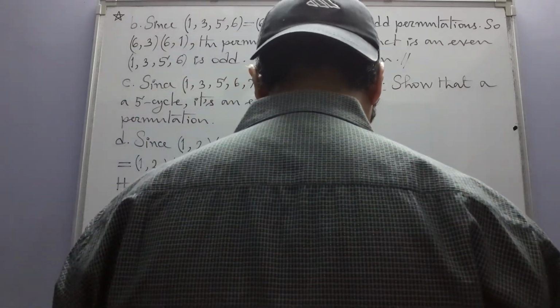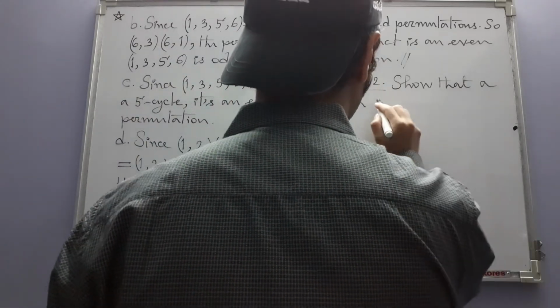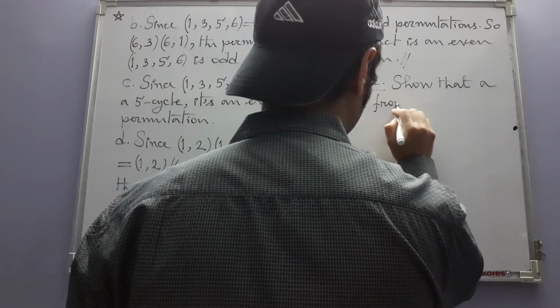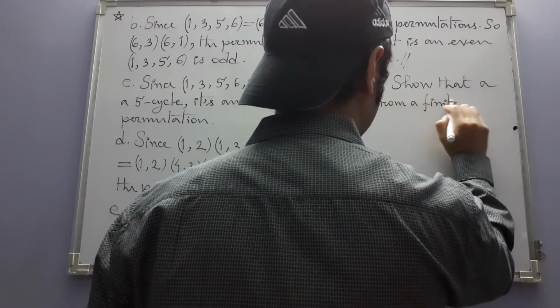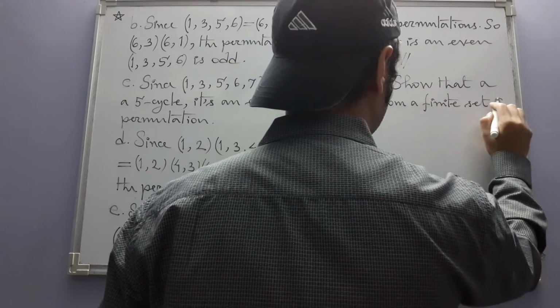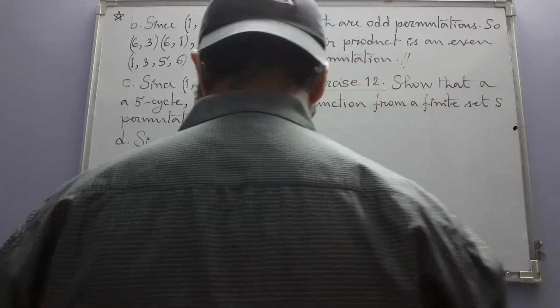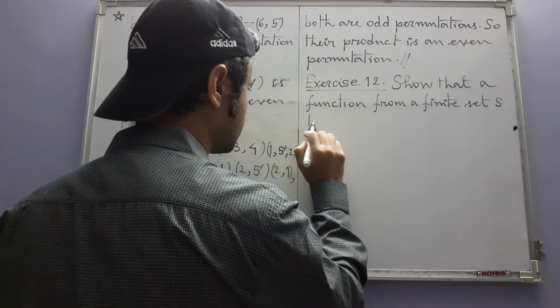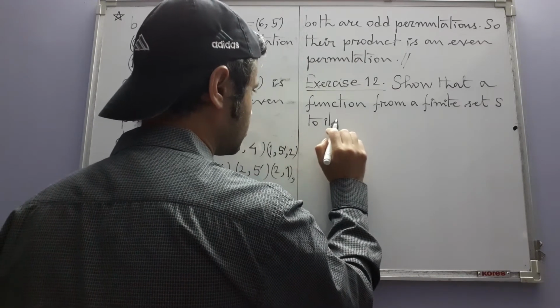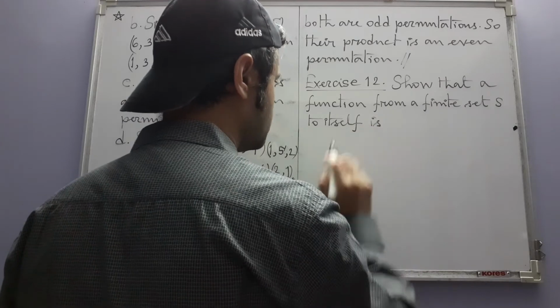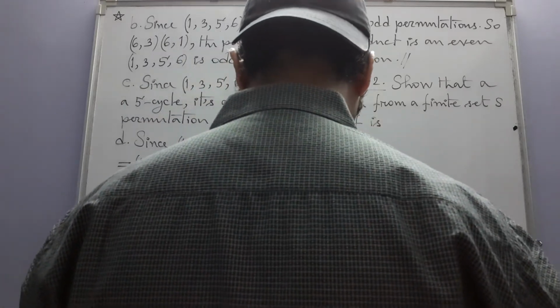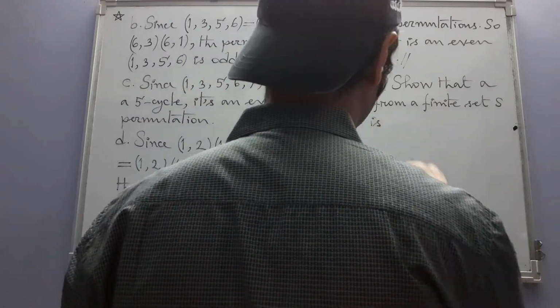Show that a function from a finite set S to itself is one-to-one if and only if it is onto.